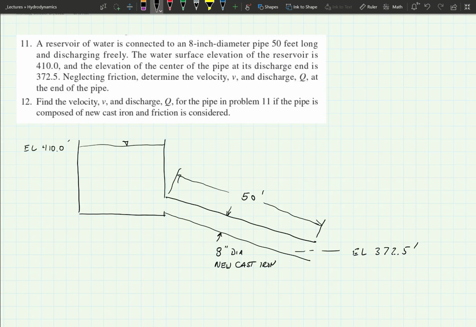Now I should check this to make sure something's not stupid here. It doesn't say in the problem, but I'm going to assume that it's 50 feet down the incline.